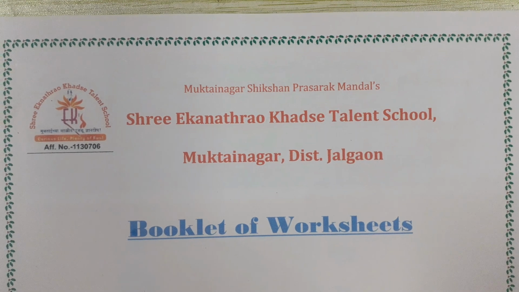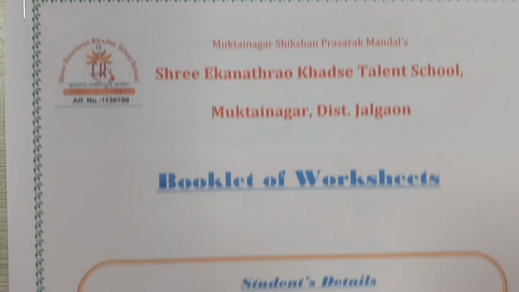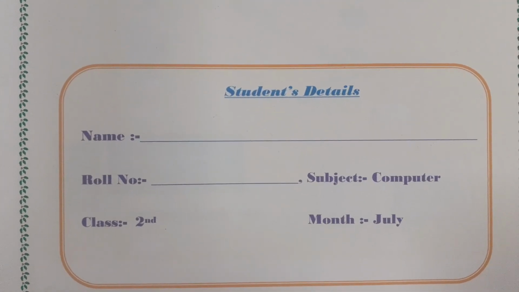See, have you seen the worksheet here? This is the booklet of worksheets. All your chapters are included in this booklet of worksheets. Okay? Now, see, this is the cover page of your worksheet.